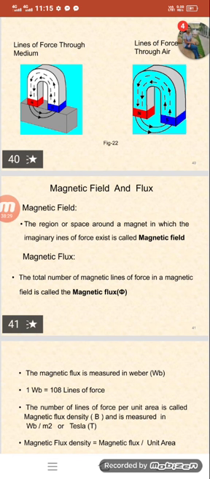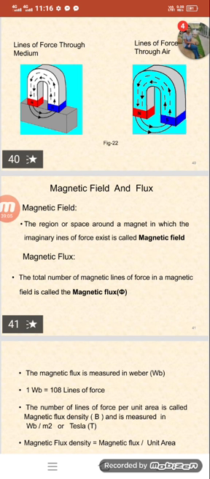Suppose we take one magnet. Around that magnet we have some space or region in which we have imaginary lines of force. That is called the magnetic field.